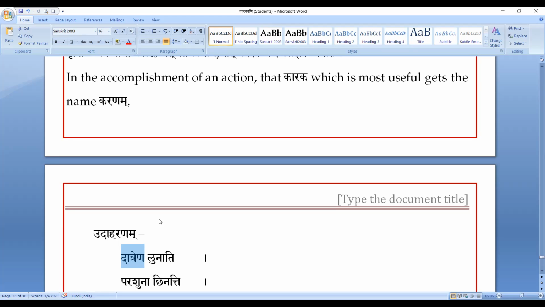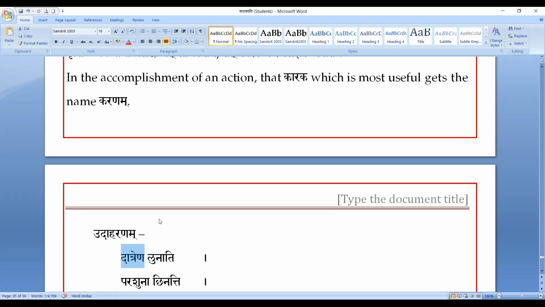Anukta Karanatvat. Datram lunati, when you say Datra, if you see it as a Karana, there it is Ukta Karana, therefore Pratama Vibhakti. It is Datram. Or Parashuhu chinati, when you say, there Parashuhu can be looked upon as a Karta, or you can see Parashu is the instrument.